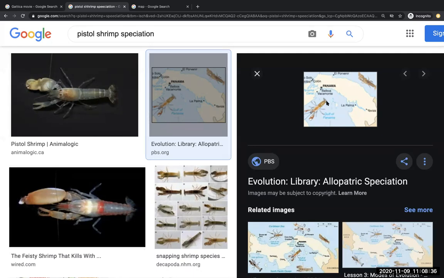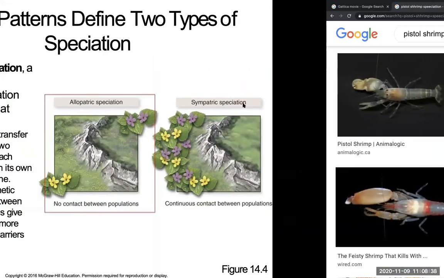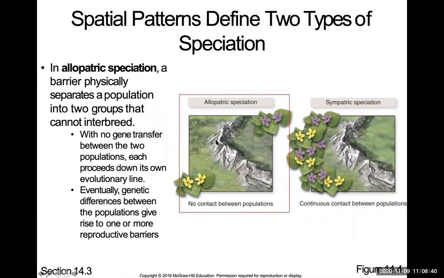Does that make sense to you guys? So there's some land barrier that happened, or it can be a water barrier too, but something is separating the species, and over time they diverge and they evolve separately. Therefore, they're not able to go back and interbreed.